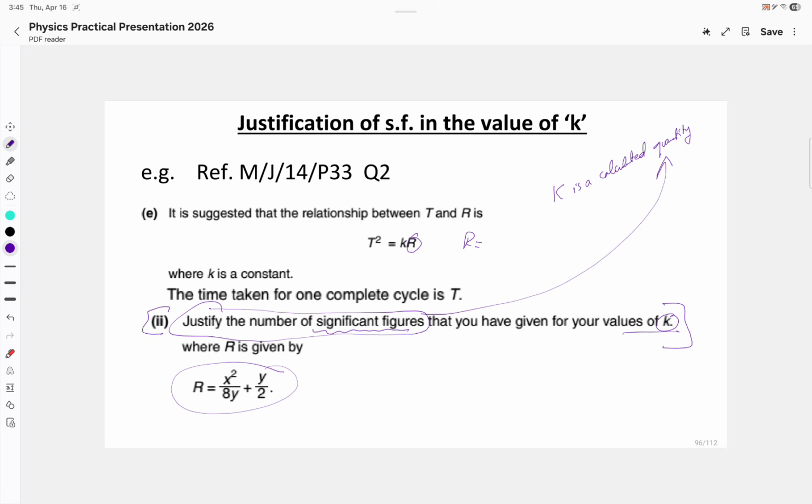So a calculated quantity is obtained by using two or three measured values. Right now over here the measured values are x, y, and obviously the t, either square or t, whatever.